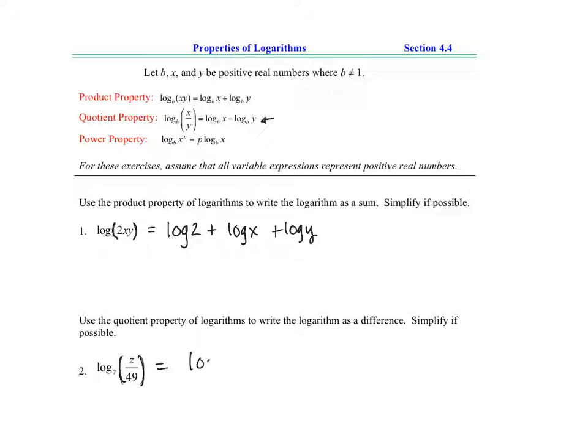So we would have log base 7 of the numerator, that's z, minus log base 7 of the denominator. And then this can simplify here because this is saying 7 to what power is 49, and that would be 2. So this would simplify as log base 7 of z minus 2, and there's the answer to that one.